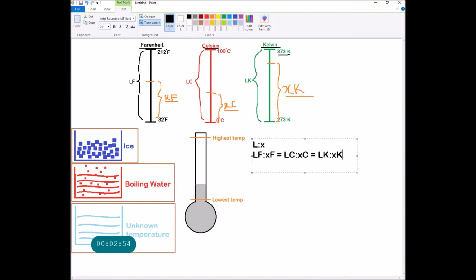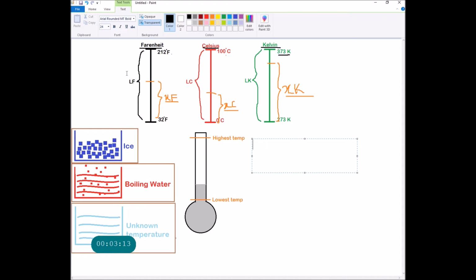Now this L means the highest temperature minus the lowest temperature, and X means the temperature we got when we immersed it in the water minus the lowest temperature. So let's find out how to do it.